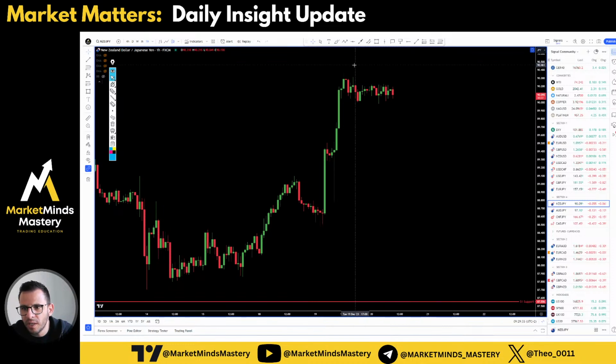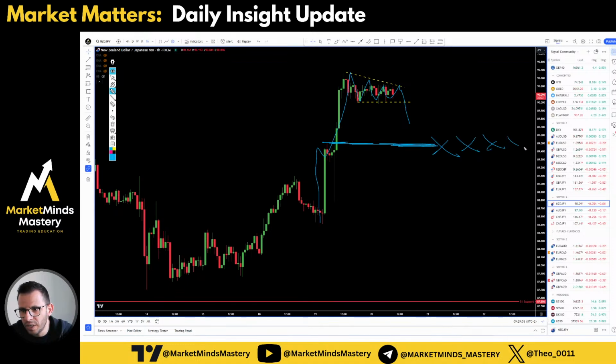The only way, if you want to get involved on the short side, is to find, let's say, this is a descending triangle. If you see a break below that, you can possibly look for a short. The room of opportunity is up to this support here. You take profit most likely at this point.